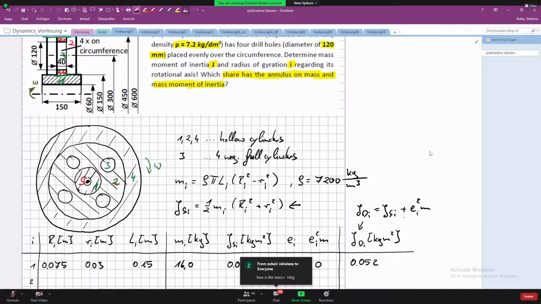Just a second. So the mass is the density times pi times the difference of the squared radii times the length. I used this equation. I just computed it. I obtained 16.03 kilogram.